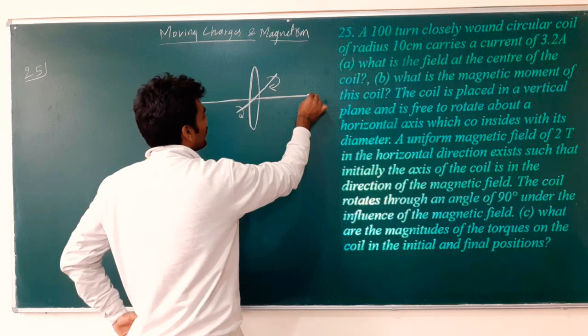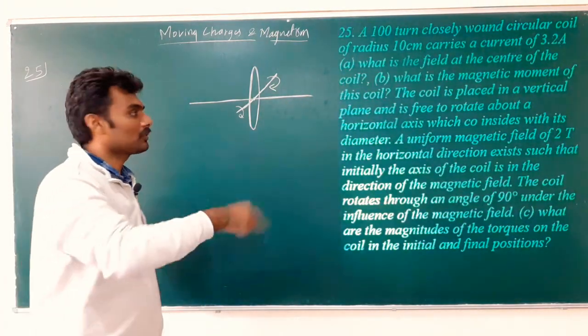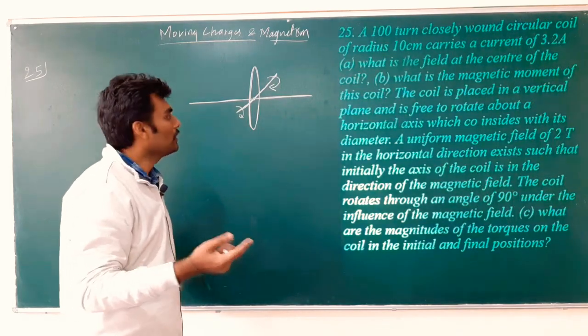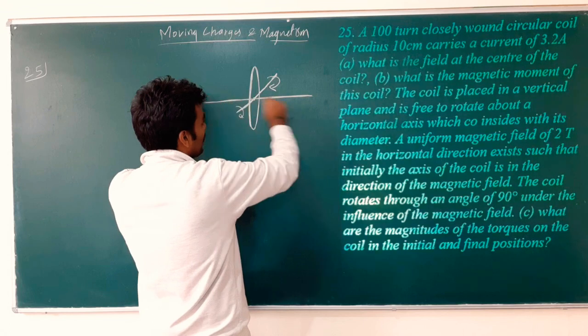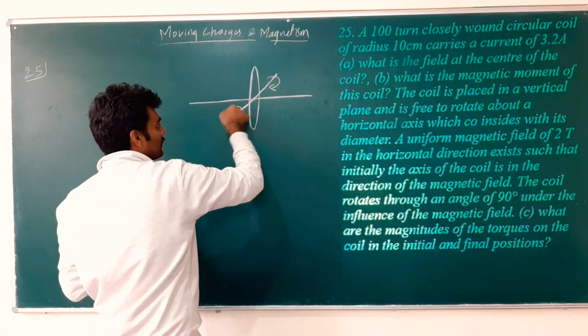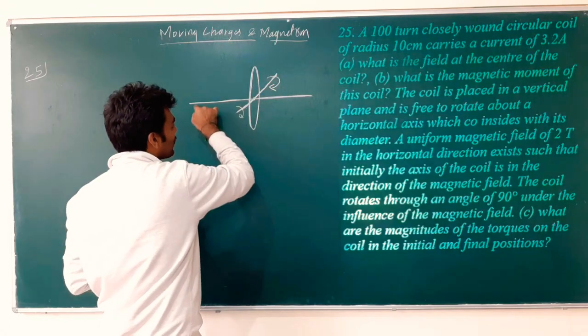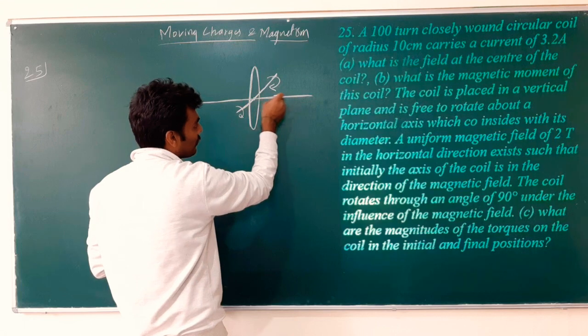And we have the standard derivation saying, derive the expression for magnetic field at a point on the axis of a current carrying loop. So, this is the axis which passes through the center like this, and this is the rotating axis over the diameter, and the axis of the coil is always normal to it.